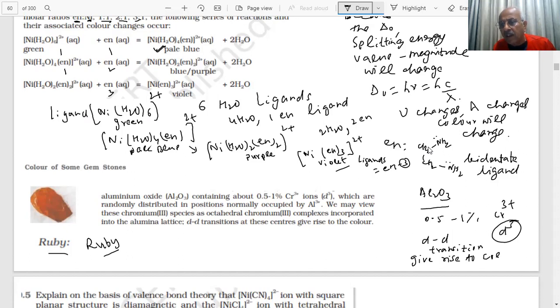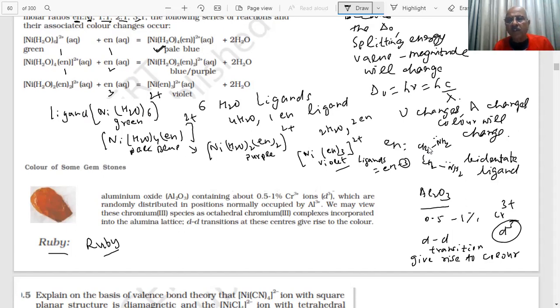It is clear how the colors come in these ruby stones. This is Al2O3, and ruby is shown here. That is also colored. These are basically oxides of aluminum.